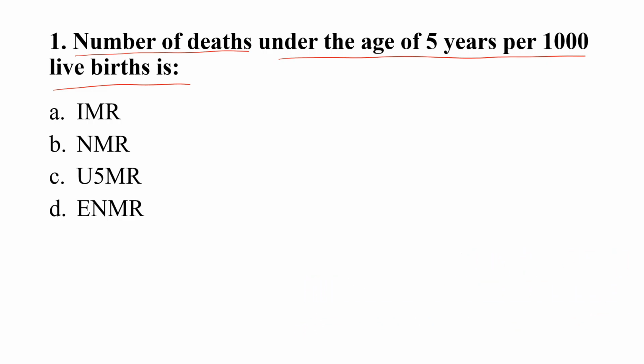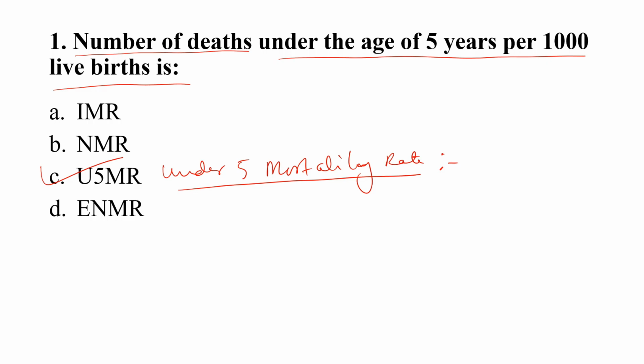The correct option here is option C, which is U5MR, that is under 5 mortality rate. And currently this rate is approximately 35 per 1000 live births in India.